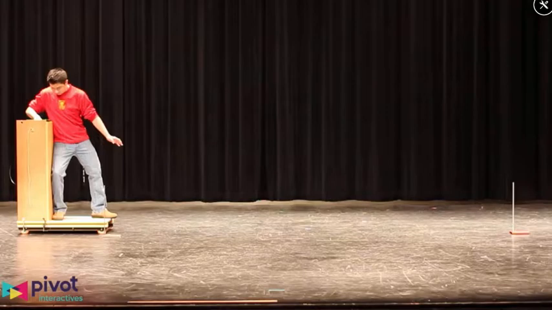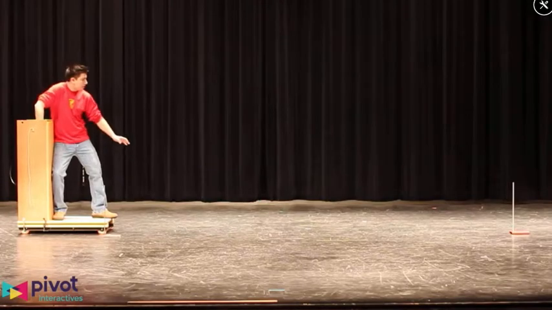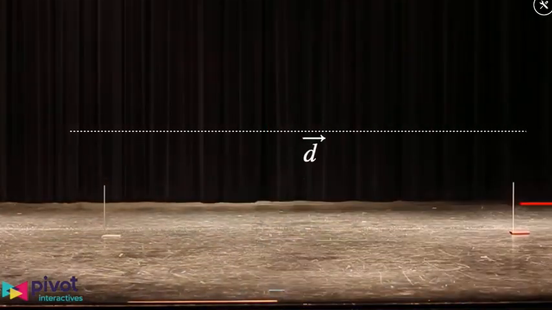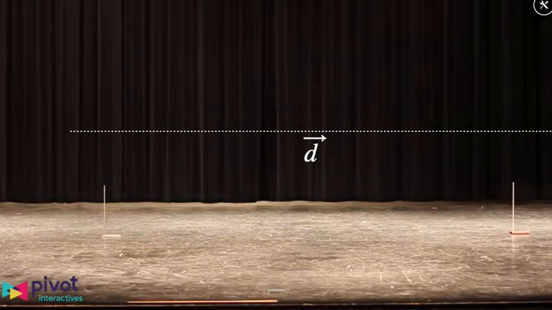Here we're about to see a force due to the activation of a fire extinguisher acting upon a system consisting of a student and a wheeled cart. The force and displacement vectors will be shown. The force acts over a displacement d. Notice how the cart speeds up while it's being acted on by the force.